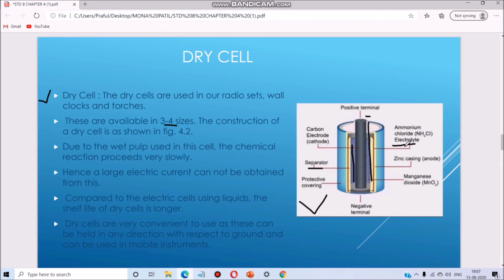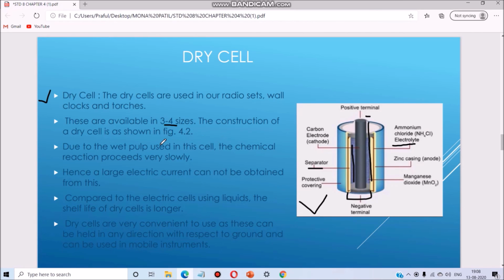Opposite this positive terminal there is another terminal called the negative terminal, so opposite terminals are maintained for the flow of current. Then it is covered by a protective covering. So this is about the construction of the dry cell.